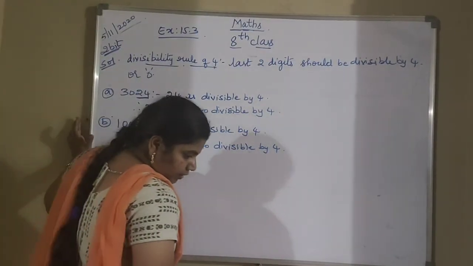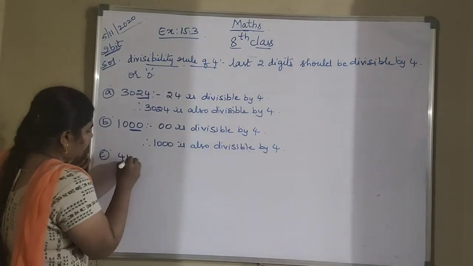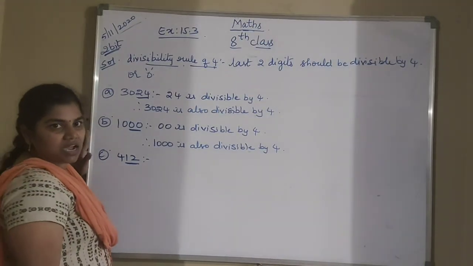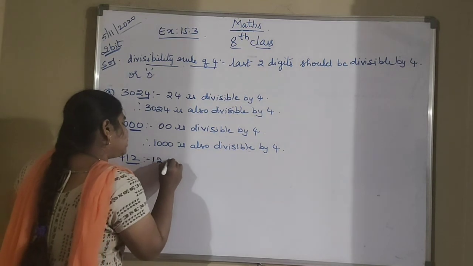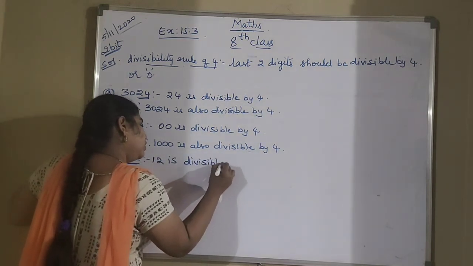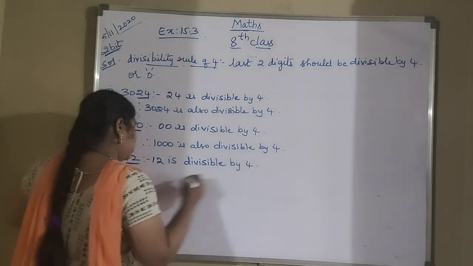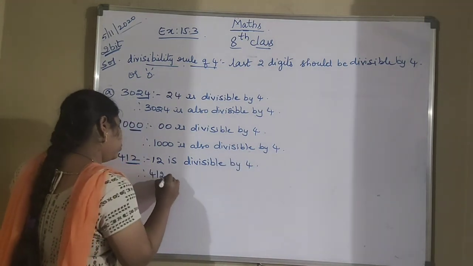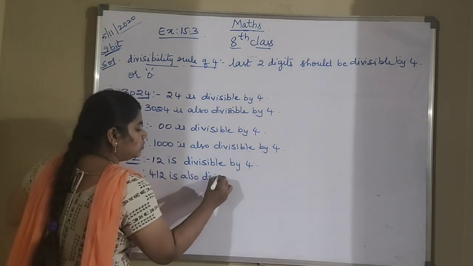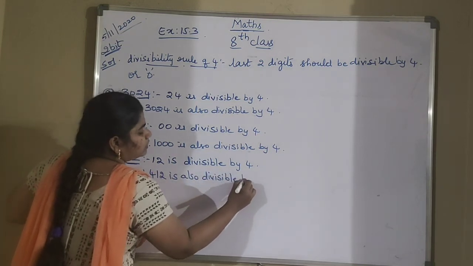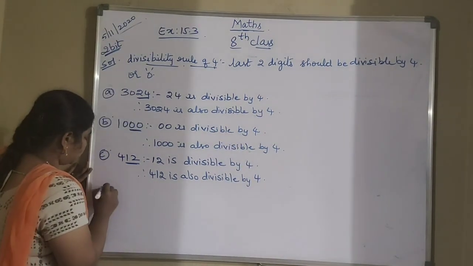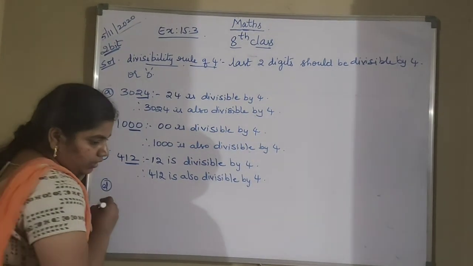What is the C bit? 412. 12 is divisible by 4. Yes, 4 threes are 12. So 12 is divisible by 4. Therefore 412 is also divisible by 4.